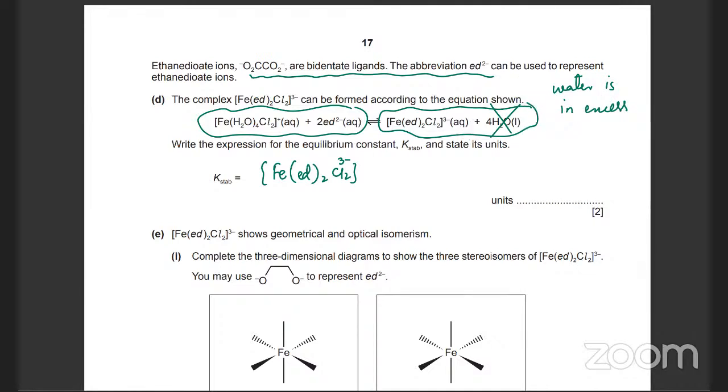TK, Ethan, Mohammed, is this clear? And then Abdullah, clear? Yes, sir. And it's going to be ED2 minus concentration, and that one is going to be squared. TK, is this clear?